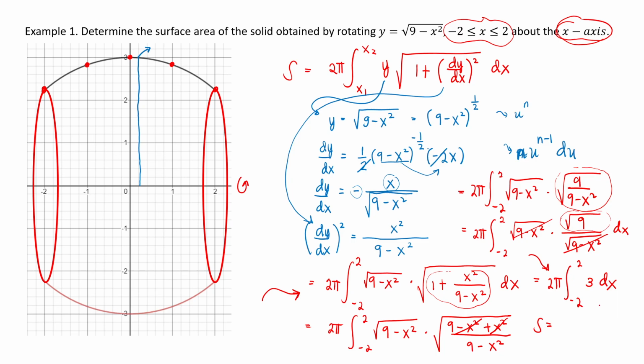Okay, so the answer is 24 pi, or in decimal, that will be 75.4. Since it's surface area, so square units.